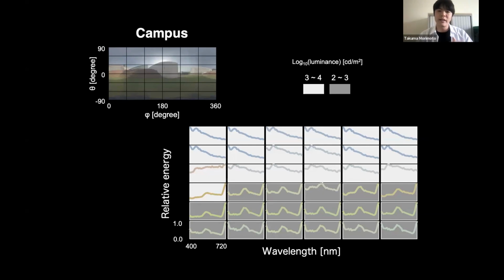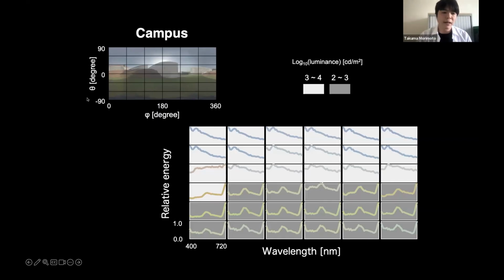And as you see, there's a clear difference between the upper hemisphere and the lower hemisphere. Lights from above have a few thousand candela per square meter, up to 10,000 candela per square meter, while lights from below are a few hundred. So there's a 1 log unit difference between the lower and upper hemisphere.